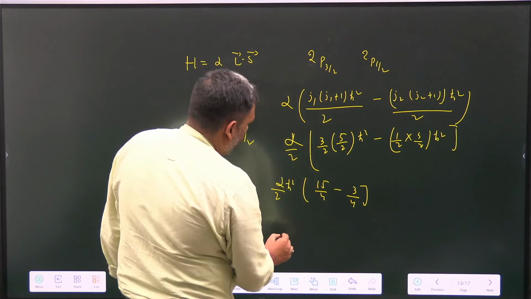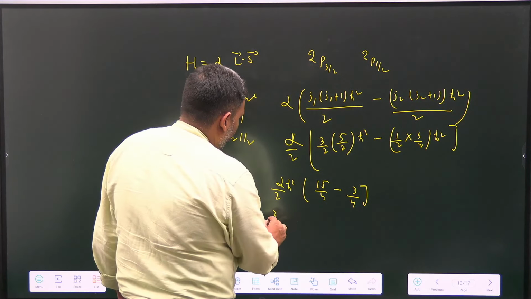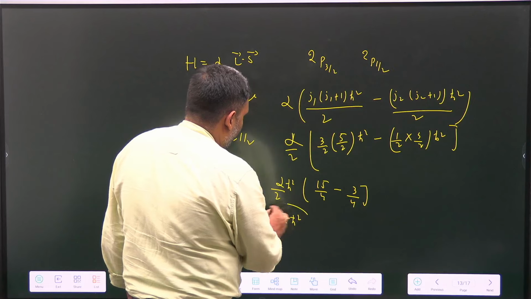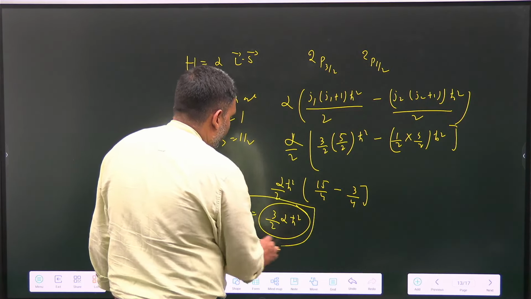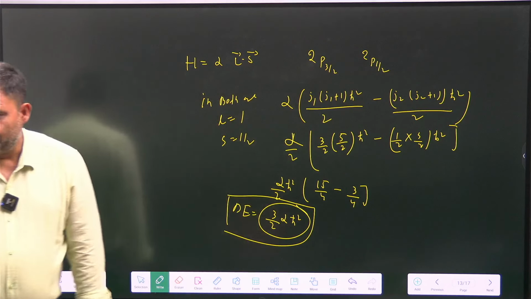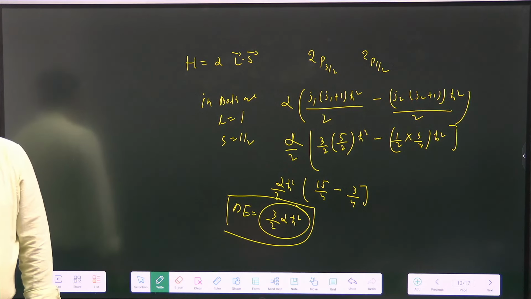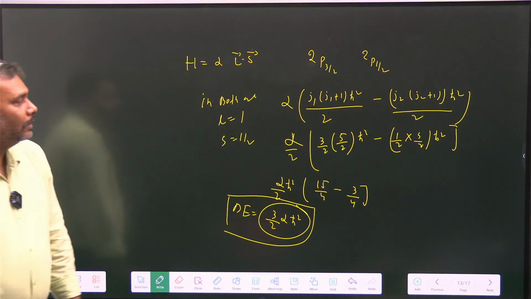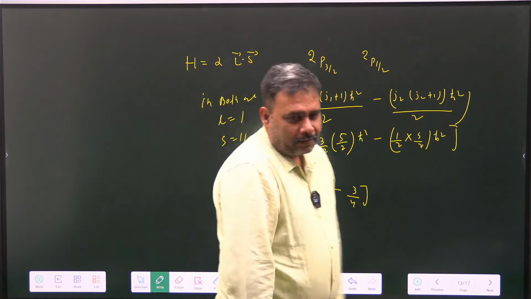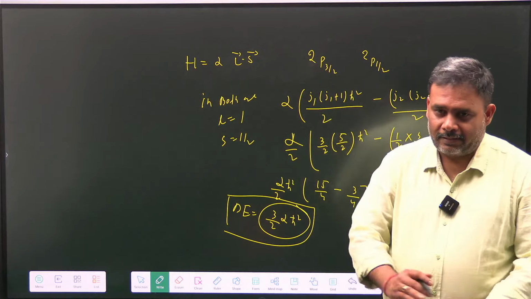So that value is 12 by 4, na. So that is 3 by 2 alpha h cut square, isn't it? So ऐसे ही छोटे छोटे क्वेश्चन आपके एग्जाम में आते हैं. आ रहा 3 by 2? Yes, you have 3 by 2 h cut square. So this will be your particular energy difference, है ना.